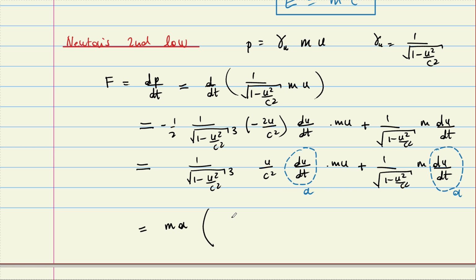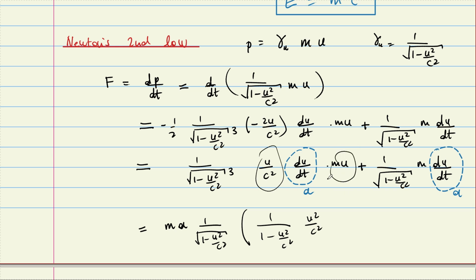So this is, I feel like I can also take another factor, m a, 1 minus u squared over c squared. So this is 1 over 1 minus u squared over c squared, and I have u squared over c squared, right? This one, and m is outside, so this is good. And here I have one more, so this is just plus 1, right?